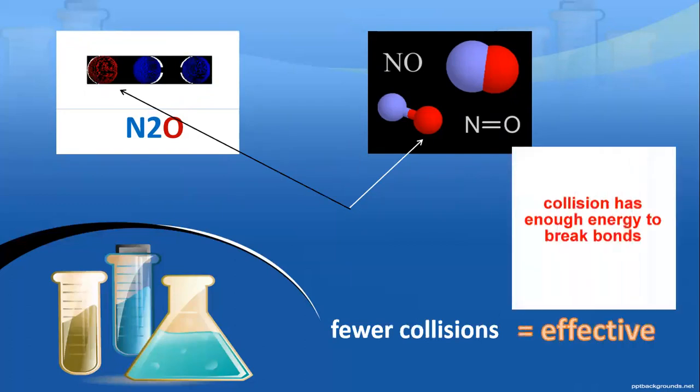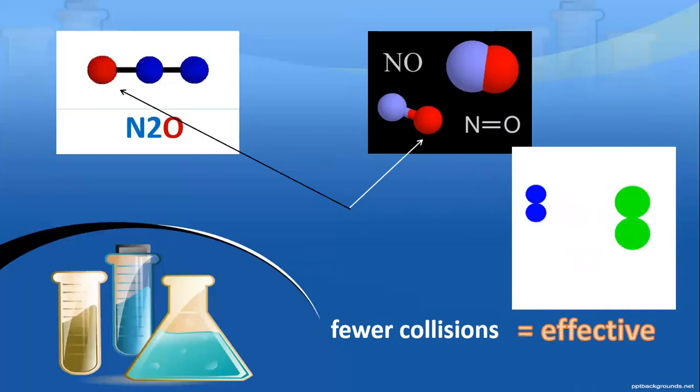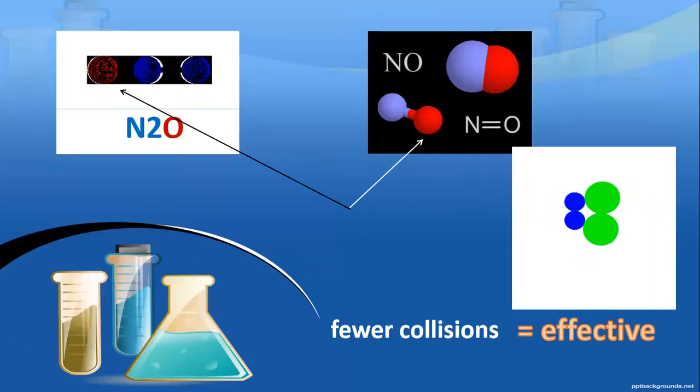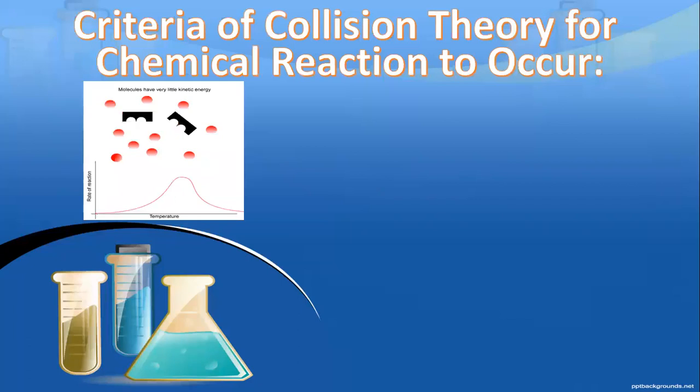An effective collision is defined as one in which molecules collide with sufficient energy and proper orientation so that a reaction occurs. As a summary of the discussion, regarding collision theory, there are things that should be met in order for a chemical reaction to take place.